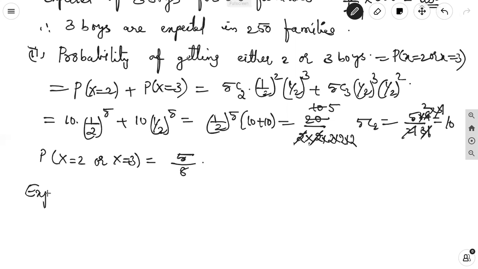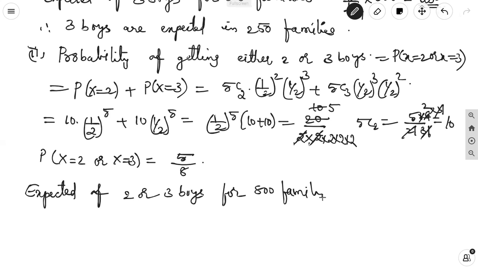So expected number of families with 2 or 3 boys for 800 families is equal to 5 by 8 into 800. 8 ones are 800.